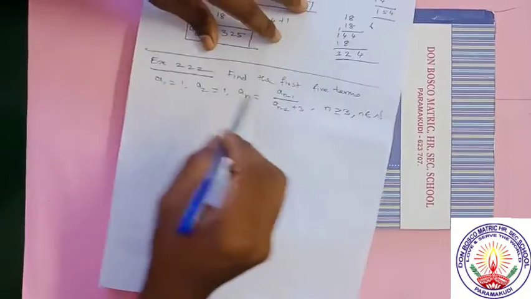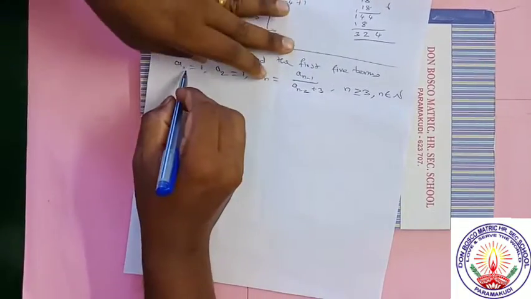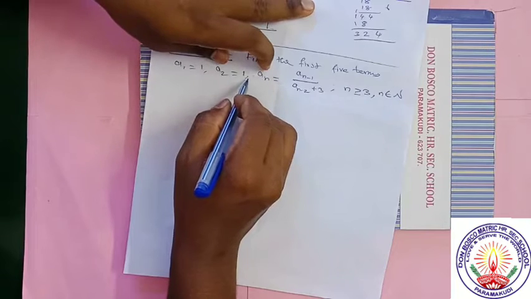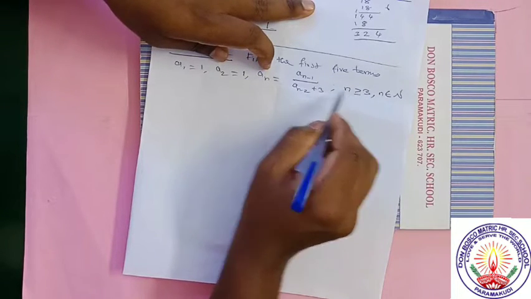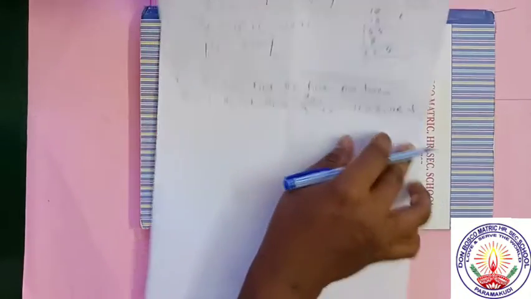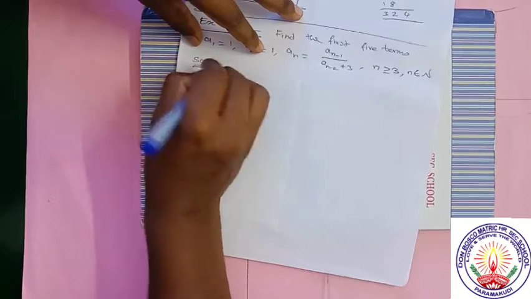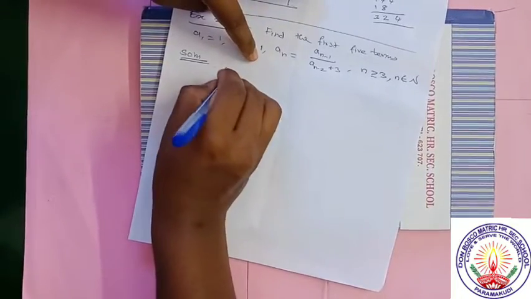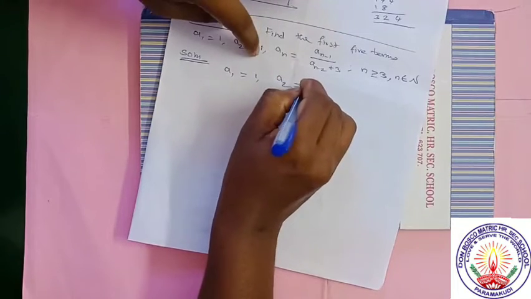This is a question. Our question is to find the first 5 terms of the sequence, that a1 is equal to 1, a2 is equal to 1, and the remaining elements are given. When n is greater than or equal to 3, we have to take this sequence. Our question is to find the first 5 terms. So solution. What is a1? a1 is equal to 1. Second one, a2 is equal to 1.